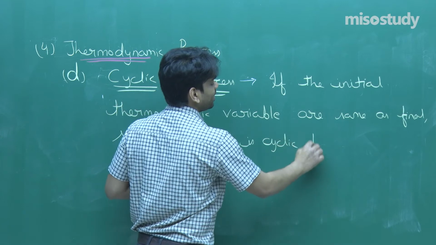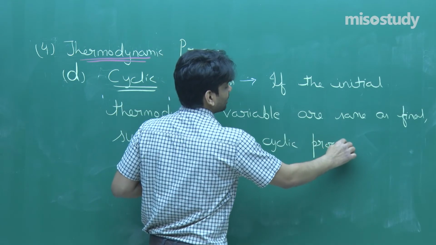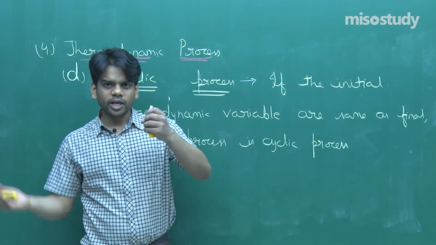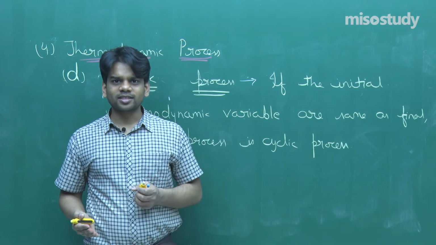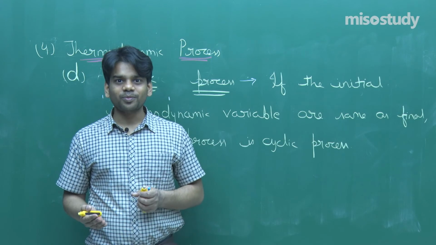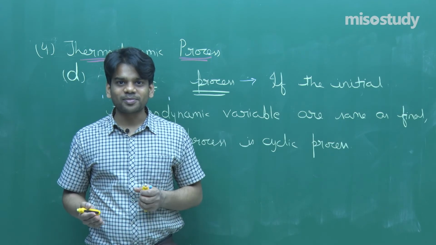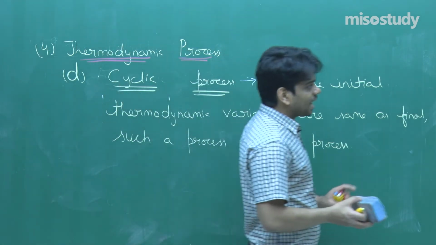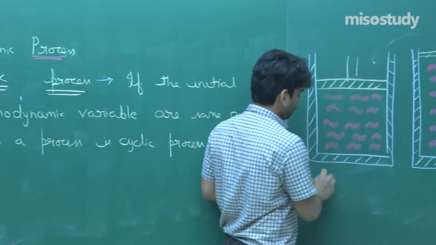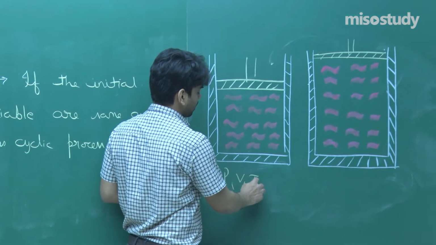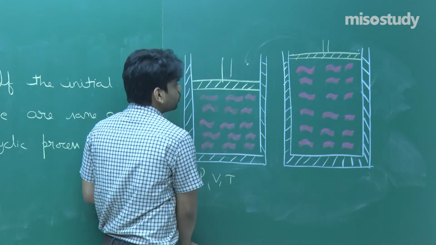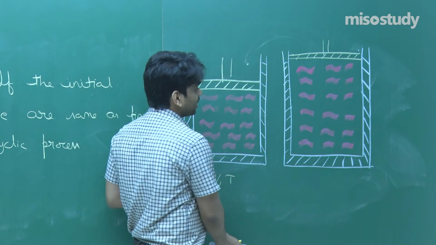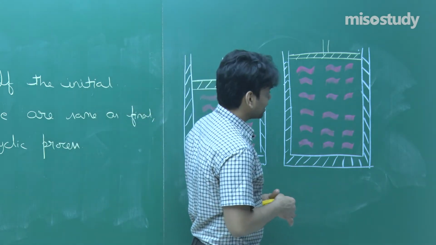What do we mean by initial variable and final variable? That means if you know the initial volume, temperature and pressure, and if you take the processes through various states, but you bring the process in such a way that the final variables are same as the initial one, that is, the pressure, volume, temperature are maintained to be the same. If pressure, volume, temperature are given in this case, you change the system through any way, but finally you have to bring it to the same state.